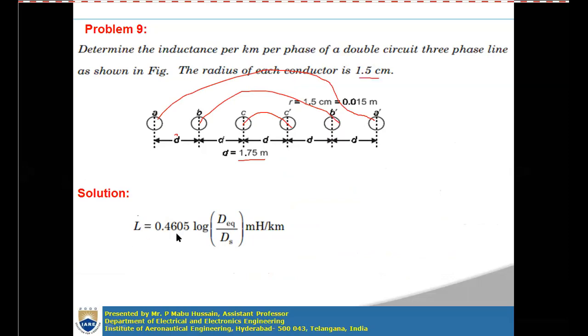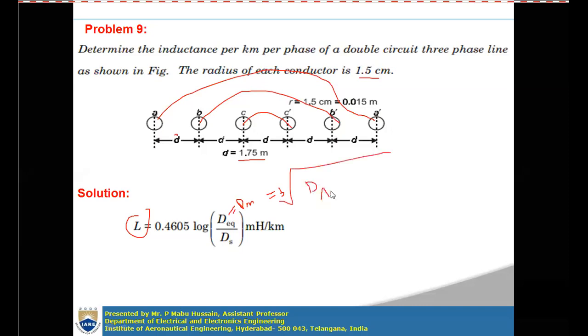Then inductance L is equal to 0.4605 log D equivalent by DS. That D equivalent is nothing but the DM value, the mutual GMD, right? For a double circuit transmission line, that DM value is the cube root of DAB, DBC, DCA.